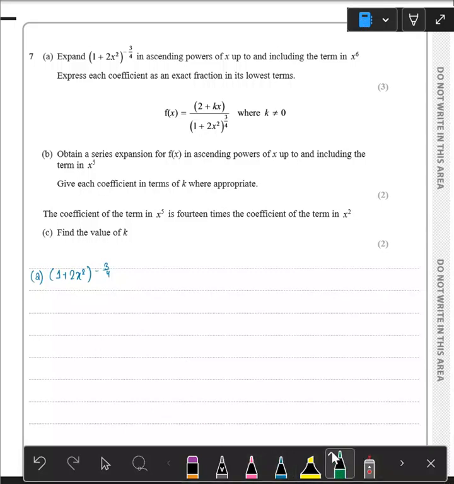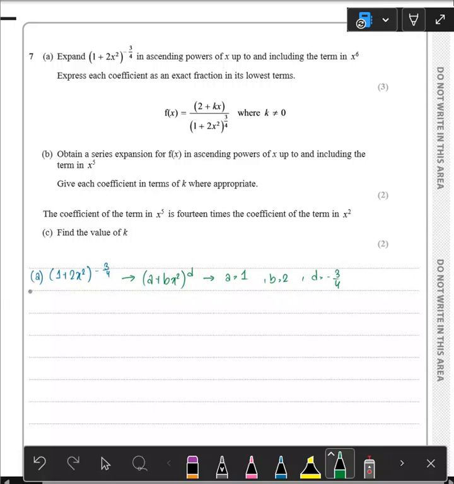If you look at it, this expression is in the form (a + bx²) to the power d. So here, a is equal to 1, b is equal to 2, and d is equal to negative 3/4.